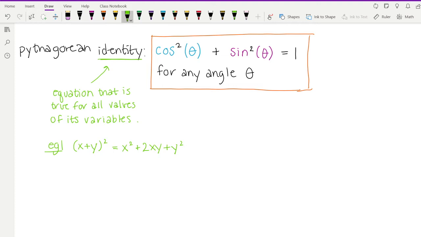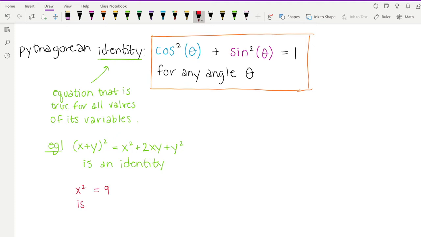The left and right-hand side are going to be equivalent for all values of x and y. An example of something that would not be an identity would be something like x squared is equal to 9.